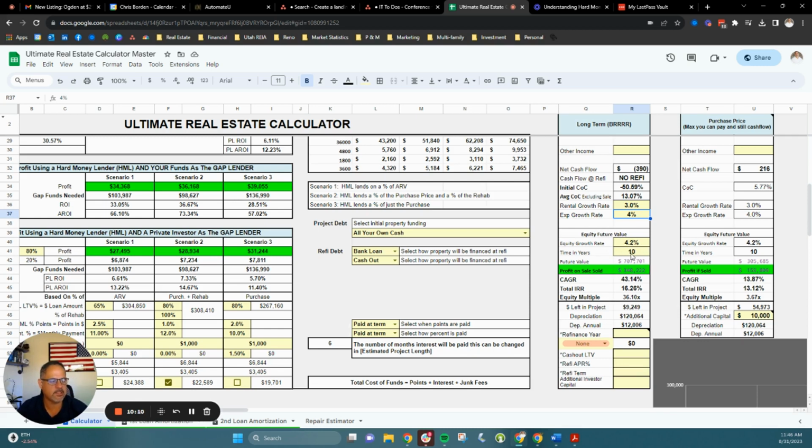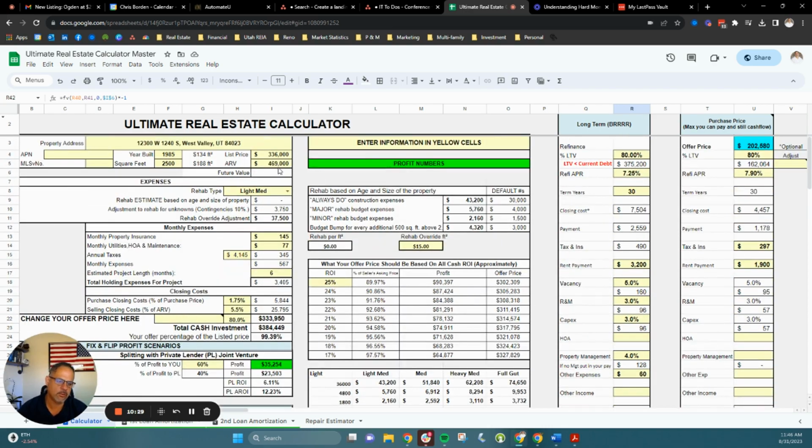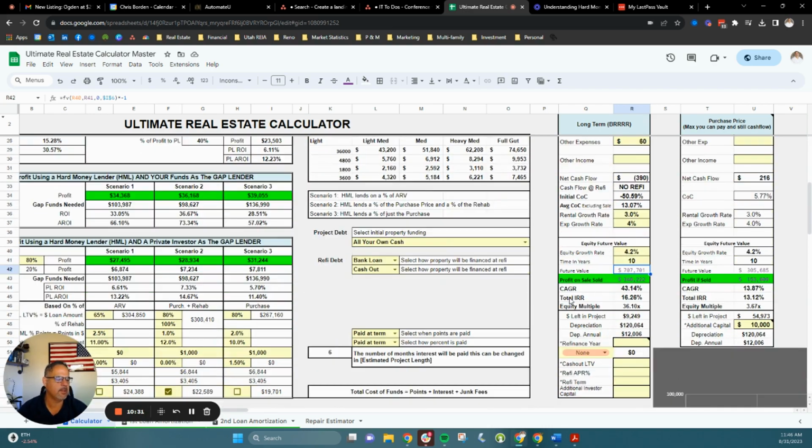This next section is going to be how long you plan on holding the property before you exit out of the property. So if I want to sell the property at some point, how long in the future does that realistically look for me? And based after that point, it's going to calculate my future value of the property. So predicated off the value today being 469 and an equity growth rate of 4.2% year over year, in 10 years the property should be valued at about $707,000.